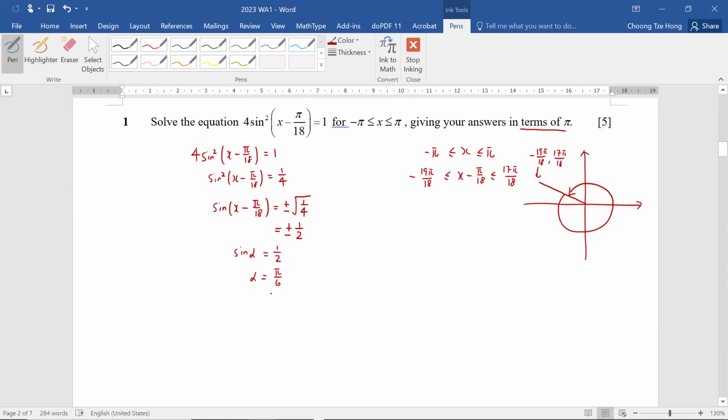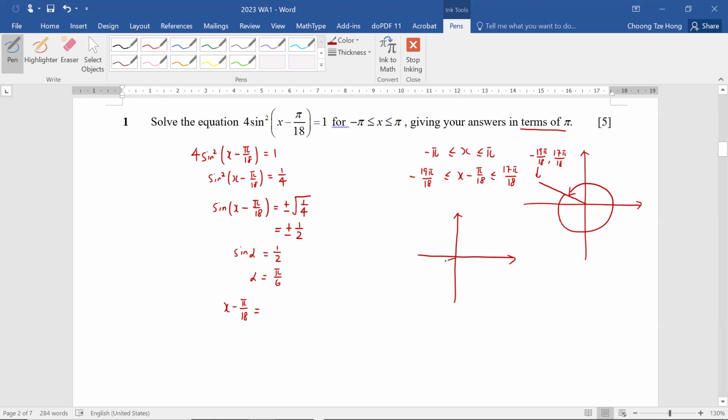So let's search all the 4 quadrants for the angle x minus pi over 18, using the basic angle pi over 6. Let's go for the most negative one. The most negative angle would be in the third quadrant.